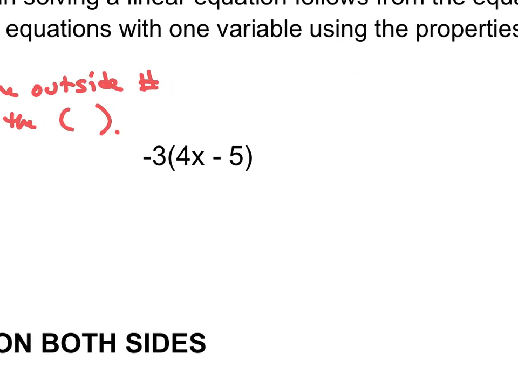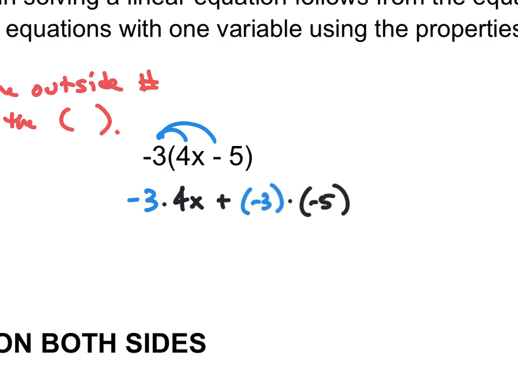Now, this one has got some negatives in it. If you have a negative sign in front of this number that's next to your parentheses, that sign has to go with it, all right? So in this, I'm going to take negative 3 times 4x, and then here's where it gets weird. If I'm doing a negative times a negative, I'm still going to put a plus sign and write that I'm taking negative 3 times then negative 5, okay?